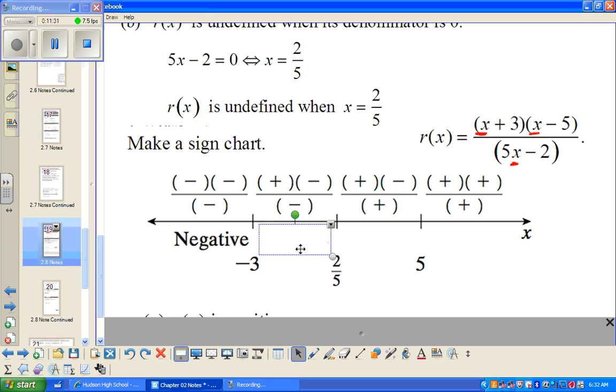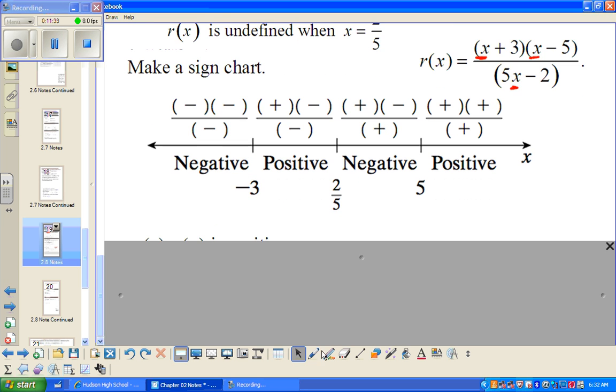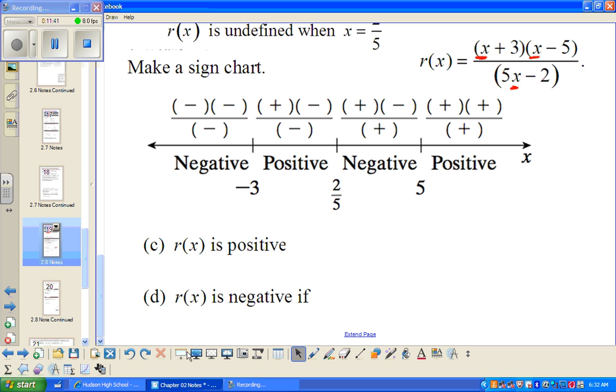And then very quickly, this would be positive, this would be negative, this would be positive. From this chart, you then should be able to tell me the intervals in which this function is positive and the intervals in which it is negative. Your teacher can pause again to let you write that down.